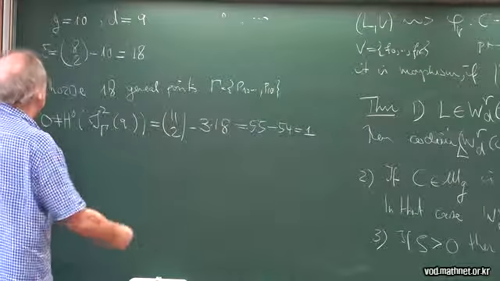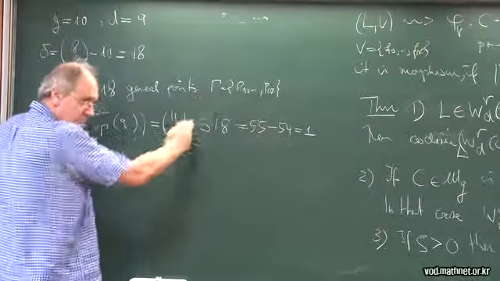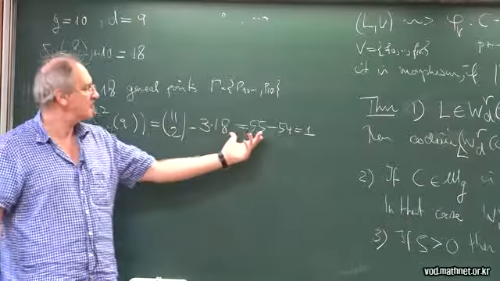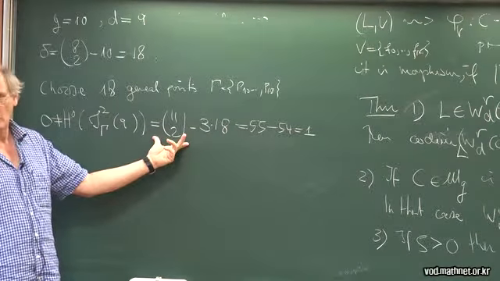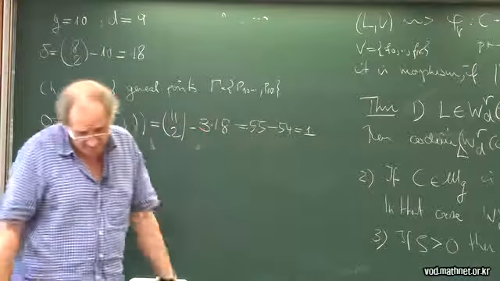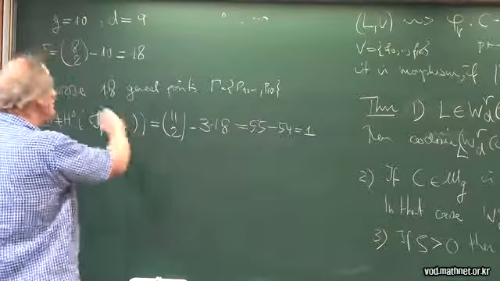So if I choose general points, I expect that I can find such a curve, and the curve will be singular. It will have only nodes.